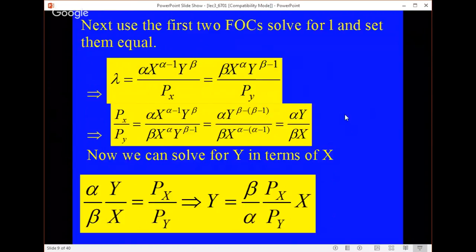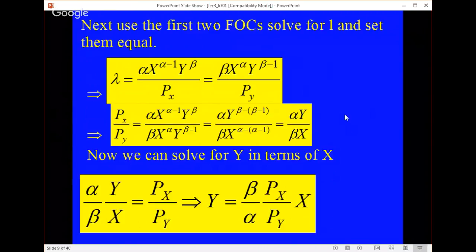Exactly, perfect. I substitute this. We had 3 first order conditions. I've used 2. I can now use the third one. So I just plug in for y into the first order condition. What I'm going to do first is get rid of y in our constraint.